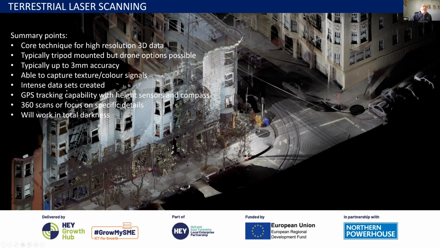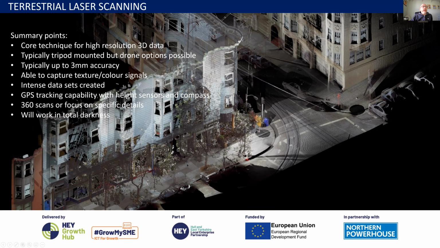And like I said, we can add texture and color signals, but it does create these intense data sets. To improve accuracy, we can also enable GPS tracking of the position for the scanners, and we can refine that GPS track position as well, over and above the normal GPS signal.